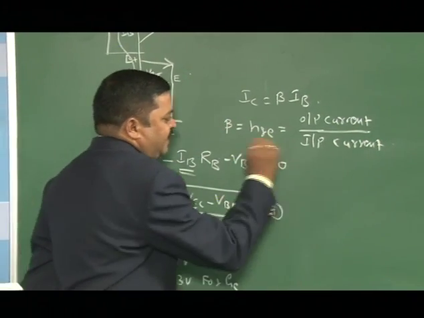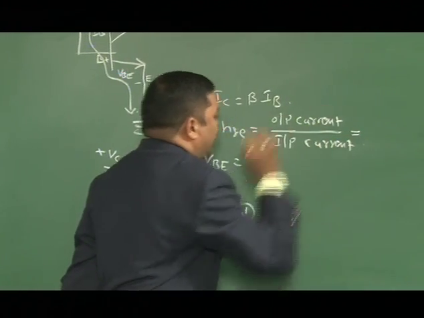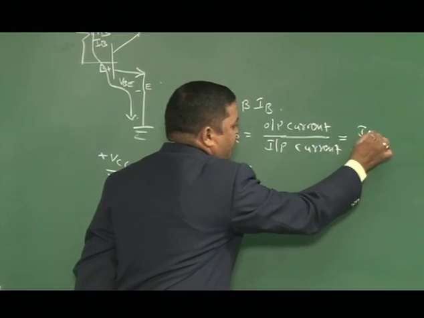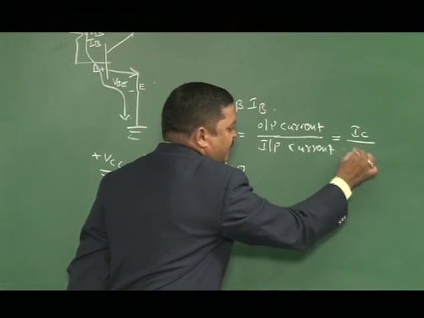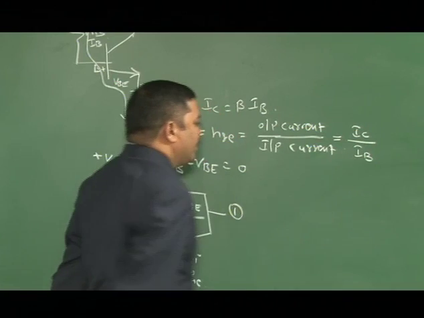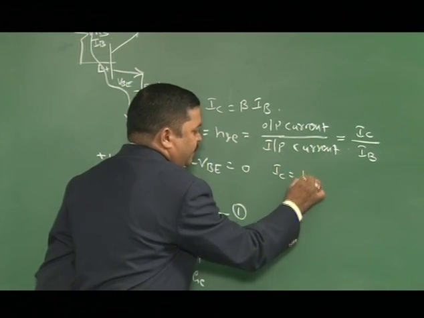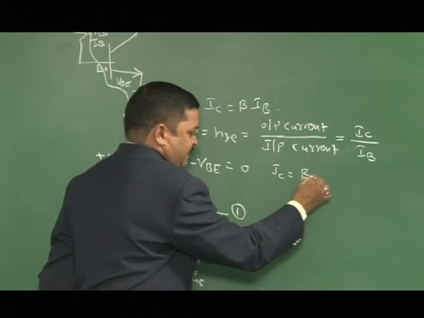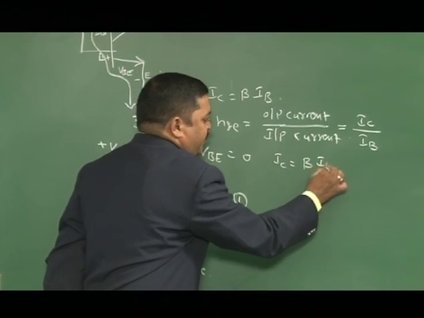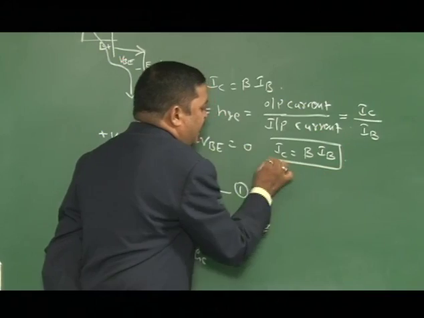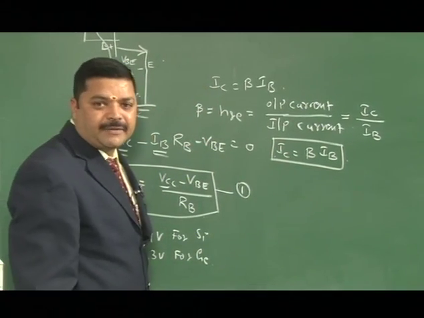So output current in CE configuration will be IC, and input current in CE configuration is IB. Therefore what is IC out of this? IC is equal to beta or HFE into IB. So therefore IC is given by beta into IB.